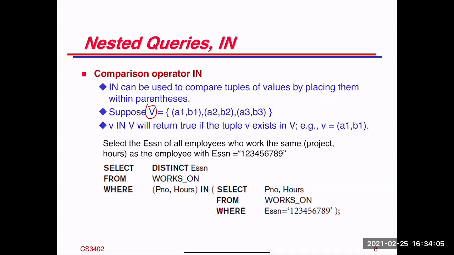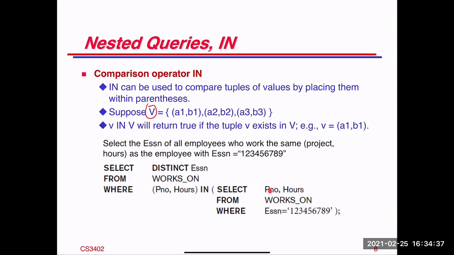All right, so again, we're going to start by dissecting what is going on here by looking at the inner query. So we're selecting the project number and the number of hours from the WORKS_ON table, but we're restricting ourselves to the tuples where the social security number is the one that we're interested in. And then we're almost done, right? Because what does this give me?